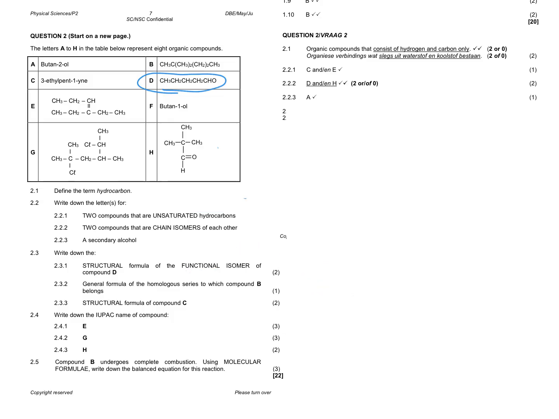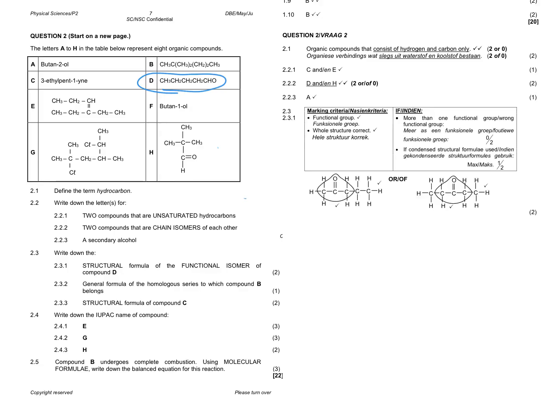So the functional isomers, it's either ester and acid, or ketone and aldehyde. So here, you see there, they either drew it so it's 5 carbons in a row, and it's either on the third one or on the second one. You get a mark for it being a ketone, so you get a mark for putting a double bond O pretty much anywhere, and then you get the other mark for it being 5 carbons in a row.